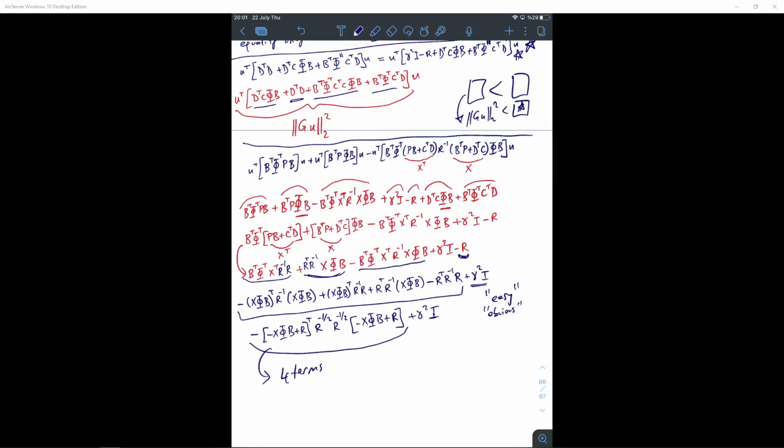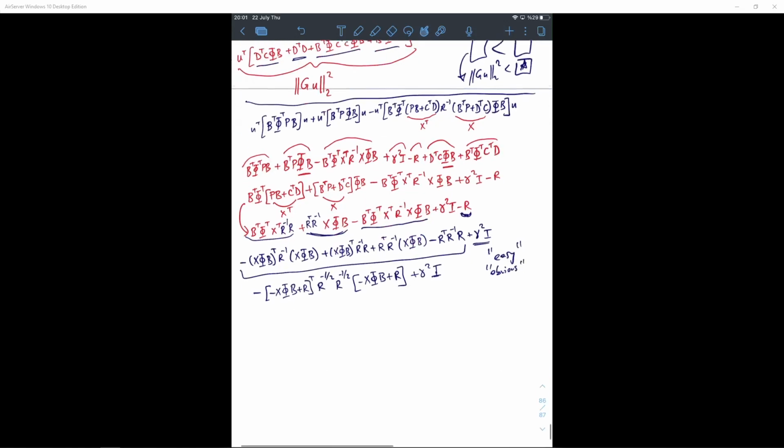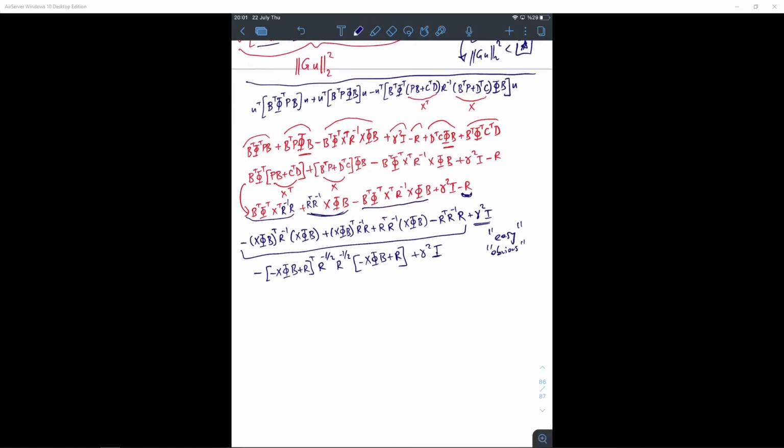You are going to get these 4 terms, and for that I'm going to be a really cool person, and I'm also going to show how you may do that, right? I'm going to call this minus X phi b a, right, minus a plus R transpose. I hope I can do that.